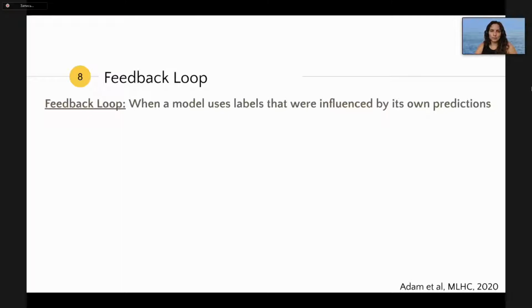Feedback loop is essentially the situation when a model uses labels that were influenced by itself. So this happens when a clinician decides to adopt decisions made by the model, but they are not accurate. They have errors.